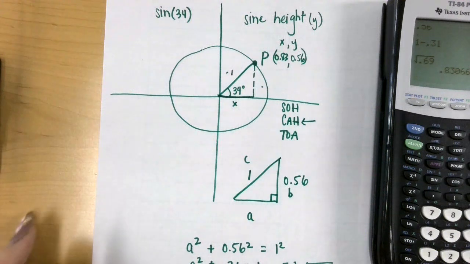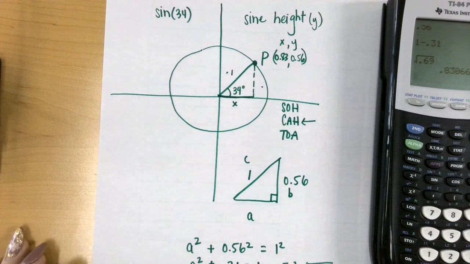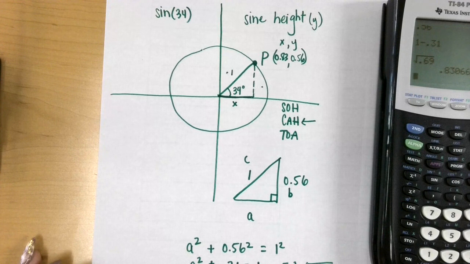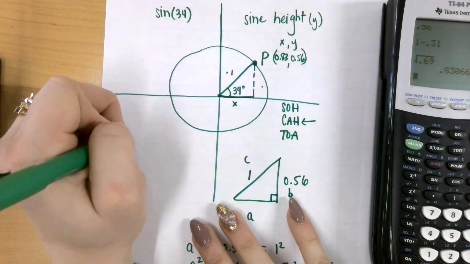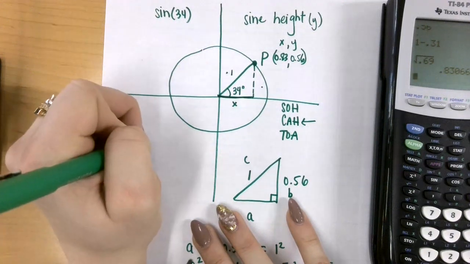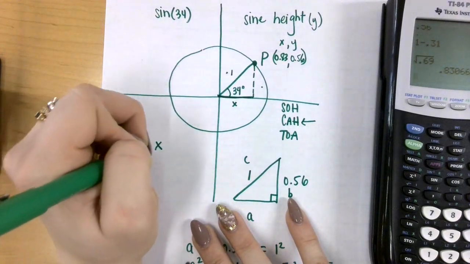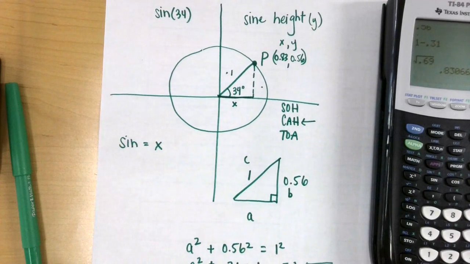So what you're going to do is use this information to help you create your unit circle today. So again, our sine gives us our y coordinate and our cosine gives us our x. If you haven't written that in your notes already, do that. So sine is our, that is our y coordinate.